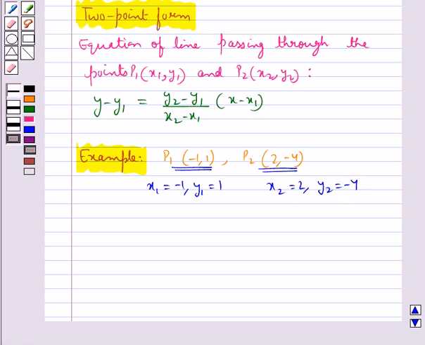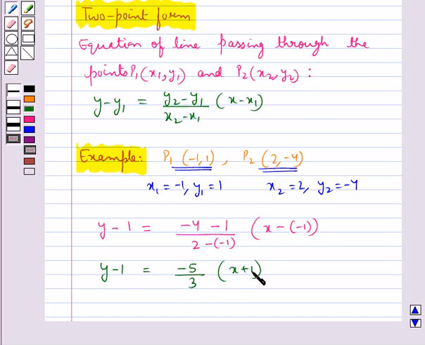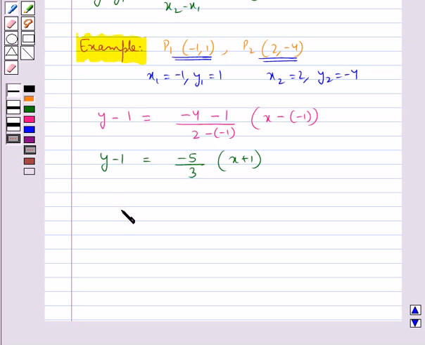So the required equation of the line is given by y minus y1 equal to y2 minus y1 upon x2 minus x1 into x minus x1. That is, we have y minus 1 equal to minus 5 upon 3 into x plus 1. So we get 5x plus 3y plus 2 equal to 0 is the required equation of the line.